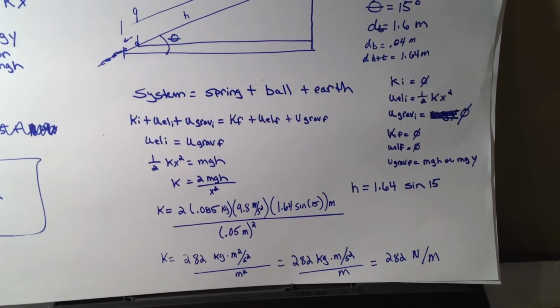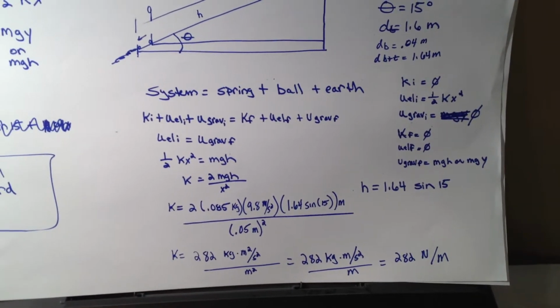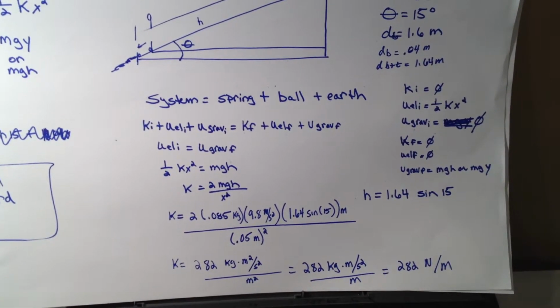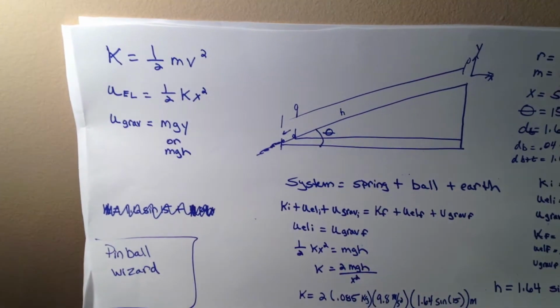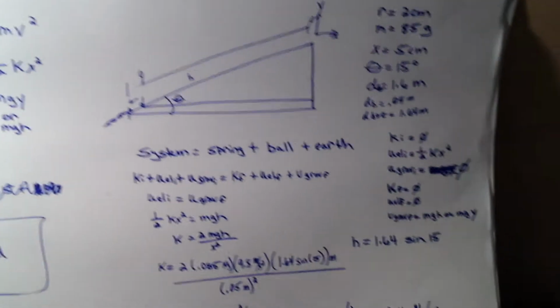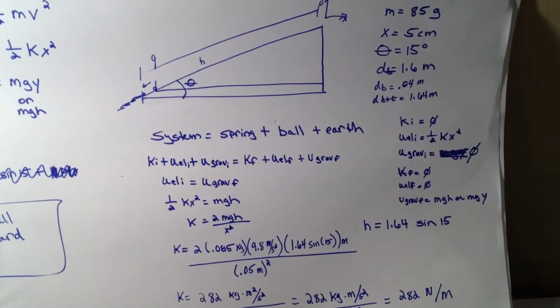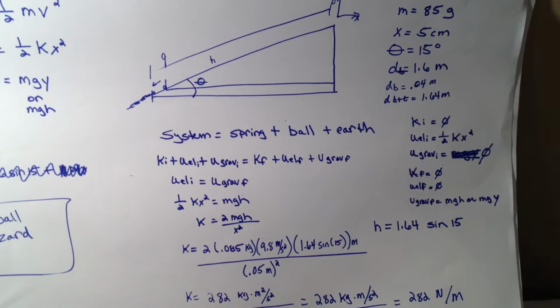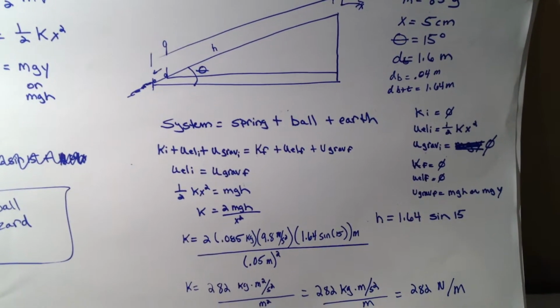Over here to the right, I've etched these out. The initial kinetic energy is 1/2 mass times velocity squared. At the very beginning, when you pull the ball back, it doesn't have any velocity. It's sitting still, so it's equal to 0.